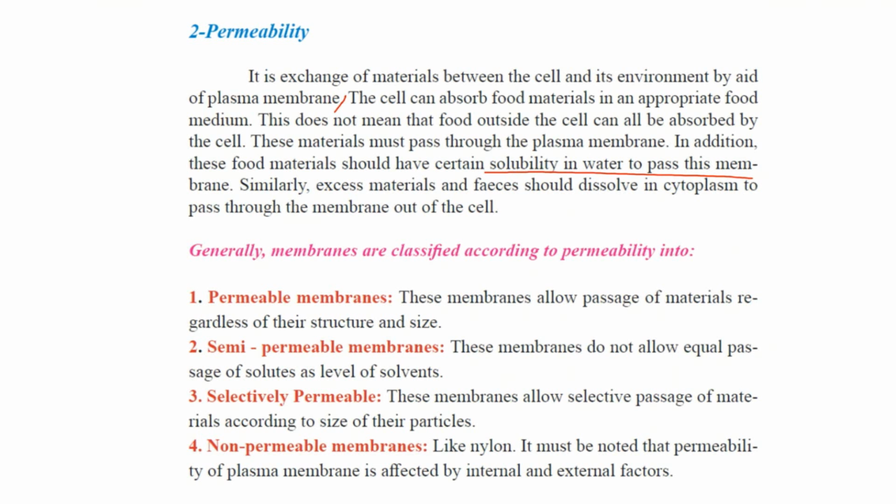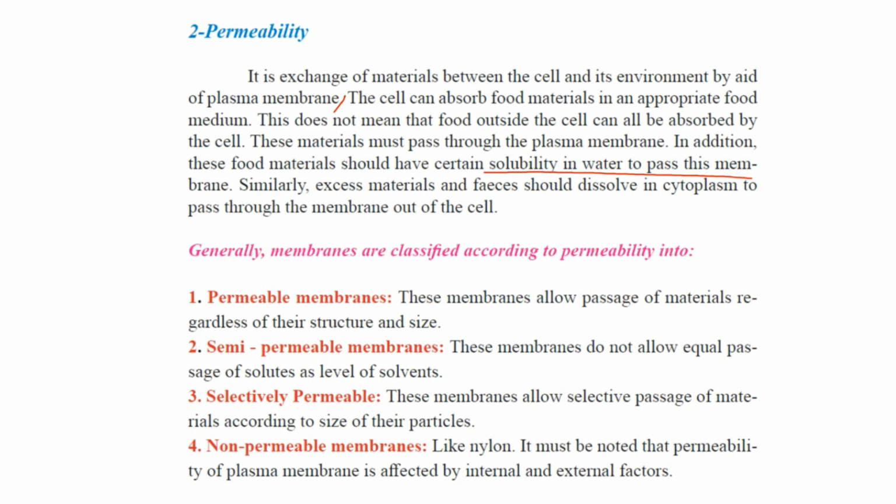As we know, when we take a piece of rubber or plastic or glass, because it is not dissolved in our mouth, we cannot taste it. But a piece of sugar we can taste, because it passes through membranes and the cell or receptors can detect it. It means any material to pass through the plasma membrane needs what? A certain level of solubility.